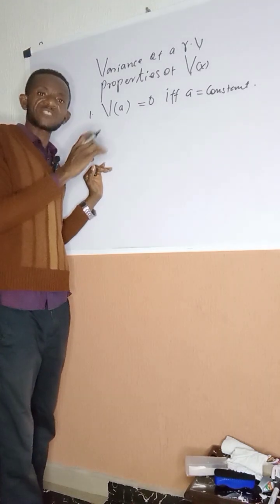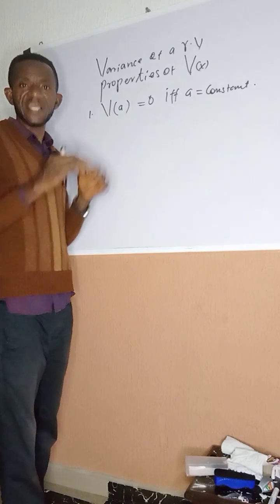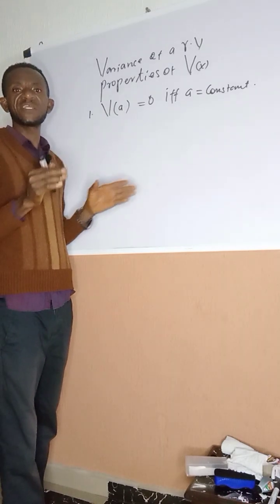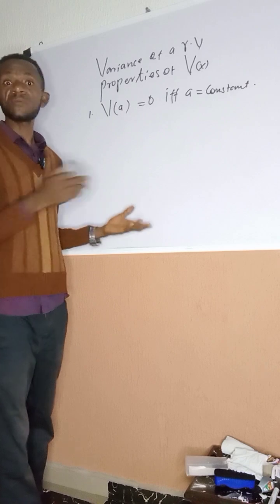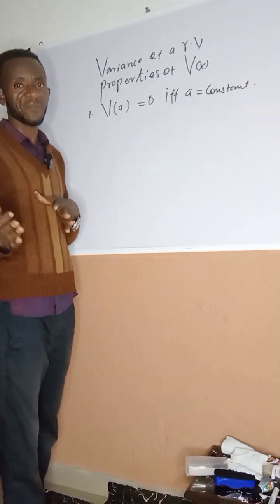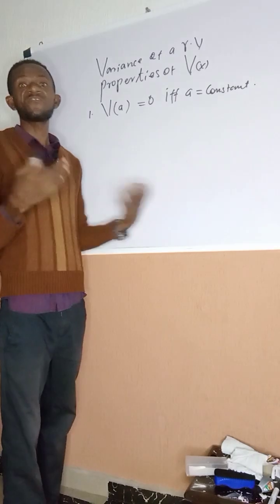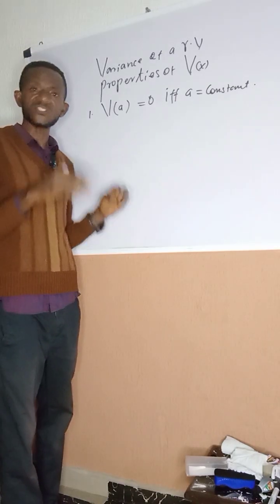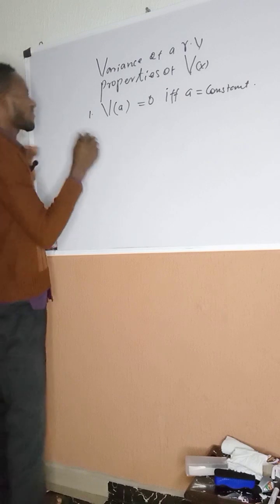But the letters must be defined before you can know exactly that they stand for constants, because oftentimes some letters of the alphabet are used as constants and equally used as variables. So it depends on the definitions.